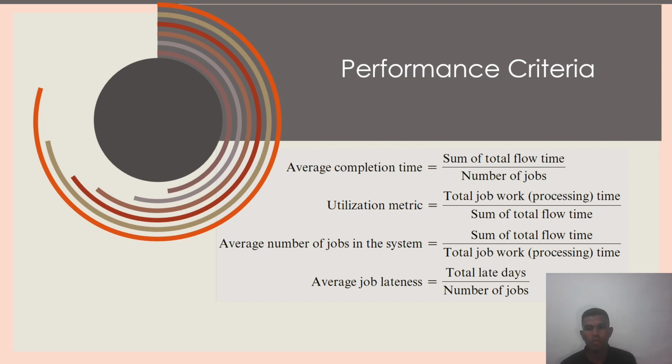Average number of jobs in the system is the sum of total flow time per total job work processing time. And the last, average job lateness is total late days per number of jobs. Computing the lateness of a particular job involves assumptions about the start time during the day and the timing of delivering a completed job.